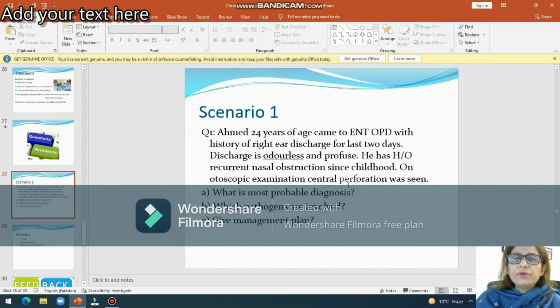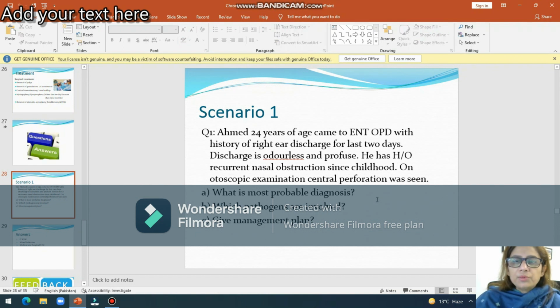So, points in favor of tubotympanic disease: odorless, profuse discharge, prolonged history, and the patient's age. On otoscopic examination there is central perforation. So the diagnosis is tubotympanic chronic suppurative otitis media.